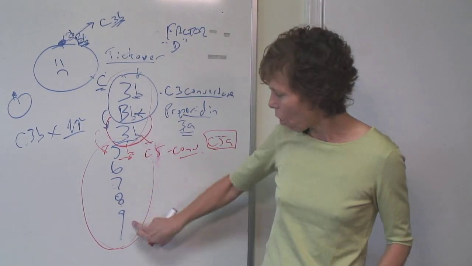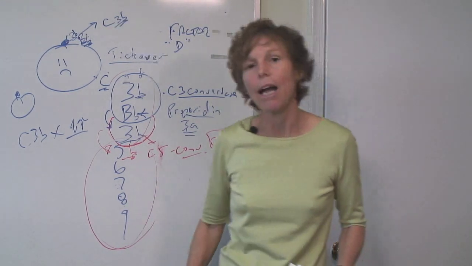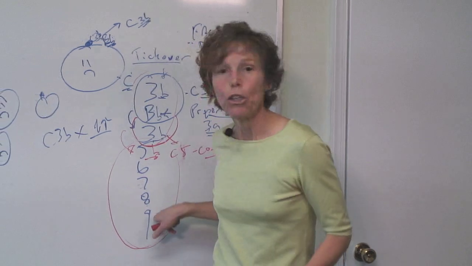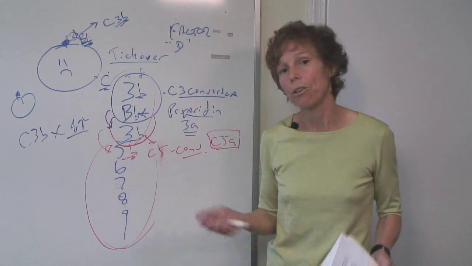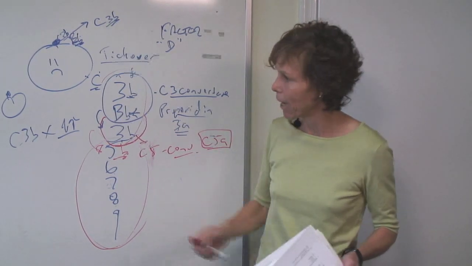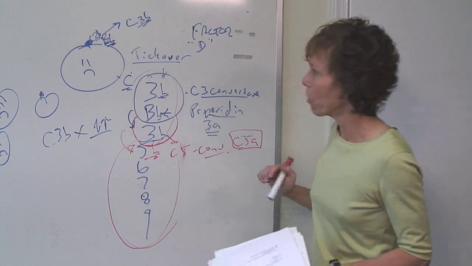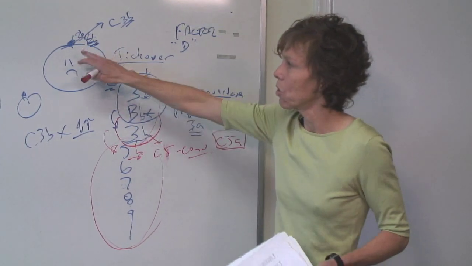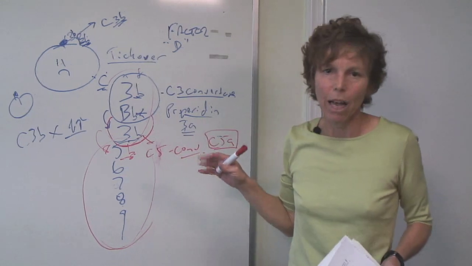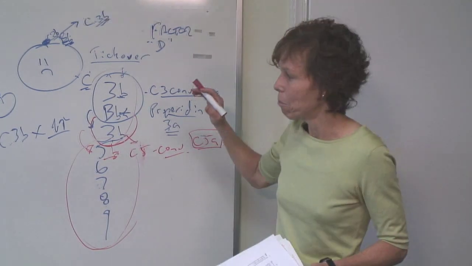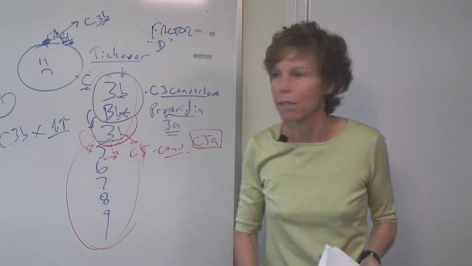Once this goes all the way through C6 to C9, at that point you're going to have autolysis of the cell, whether it's self or non-self. So let's back up for a second. Theoretically, if this is your own cell, you're not going to get this cascade, hopefully, because of regulatory proteins. But if it is a bad guy, then hopefully it will go through this whole process.